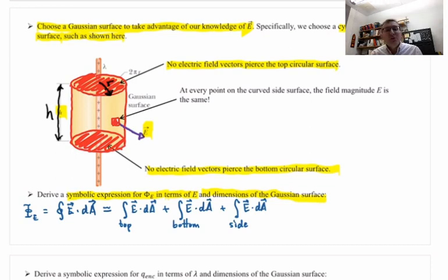Okay? Notice I did put a little circle on the integral symbol right there, because the Gaussian surface is that closed cylinder. Circle means it's a closed surface. Notice I did not put a little circle on any of the other integral symbols you see there, over the surface integral on the top part, or on the bottom part, or on the side part. Do you see why I didn't? It's not an oversight.